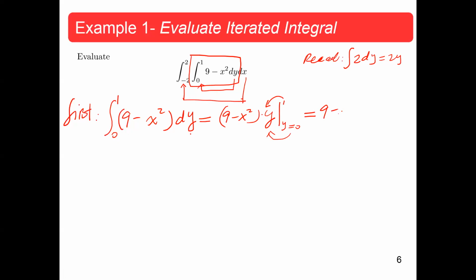So we have 9 minus x squared times 1, and subtract 9 minus x squared times 0, right? Therefore, it will be 9 minus x squared.